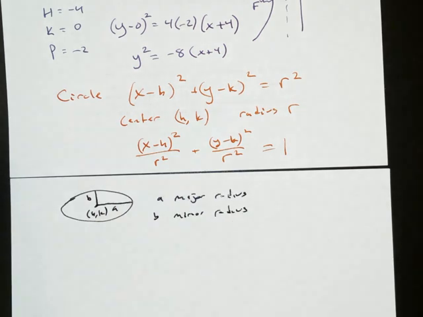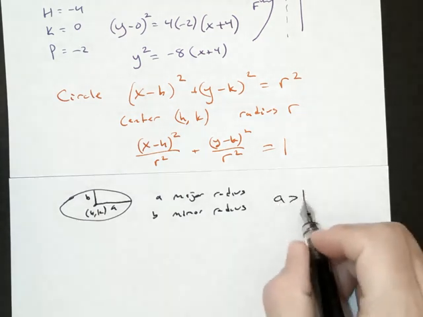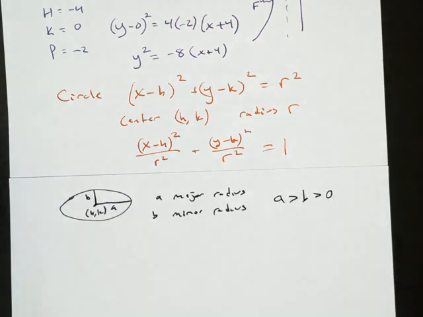Technically, the line that A is a part of is called the major axis, and the line that B is a part of is called the minor axis. Well, in this case, the major axis is horizontal, the minor axis is vertical. But that means I want to make A bigger than B. If they're exactly equal, we have a circle.